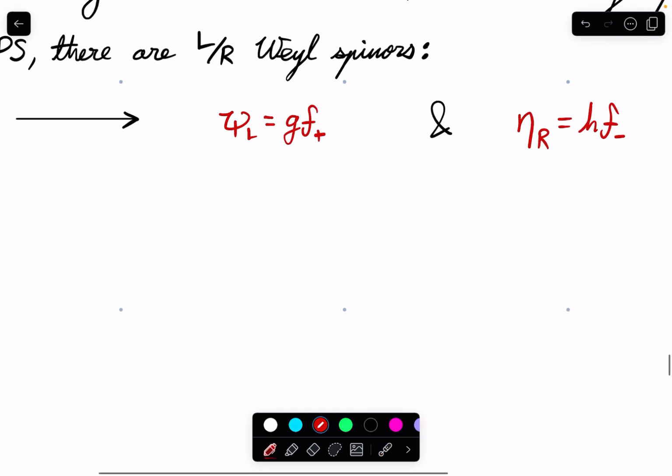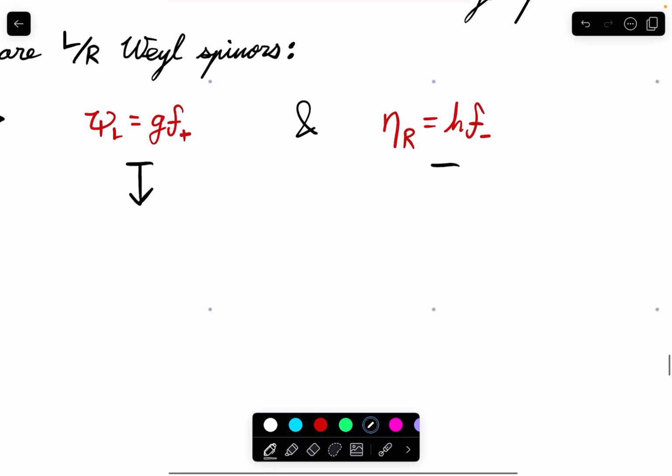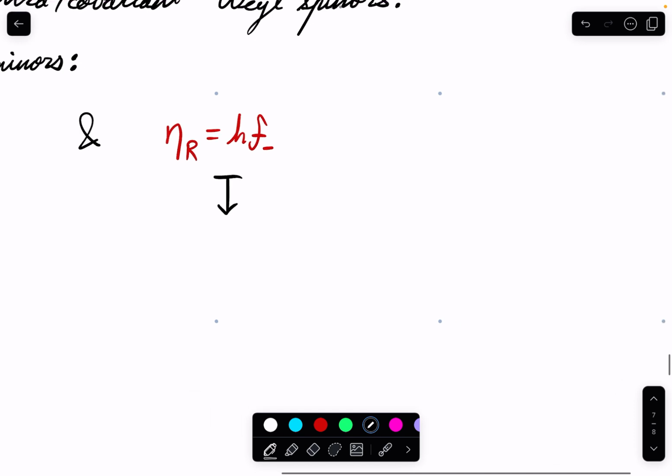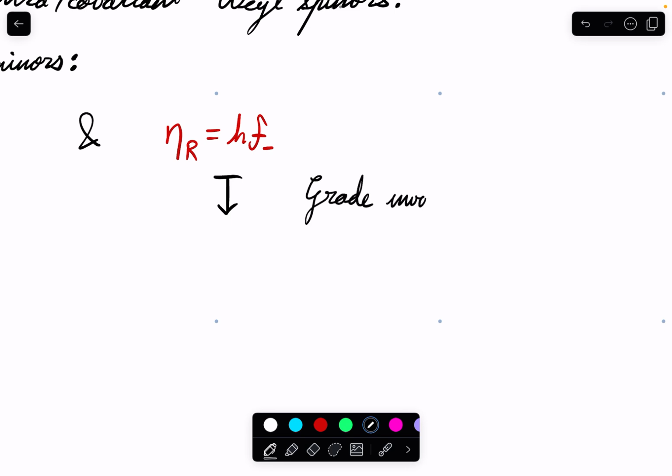And then through grade involution, which in quantum mechanics, in the algebra of physical space, is the same thing as applying parity.